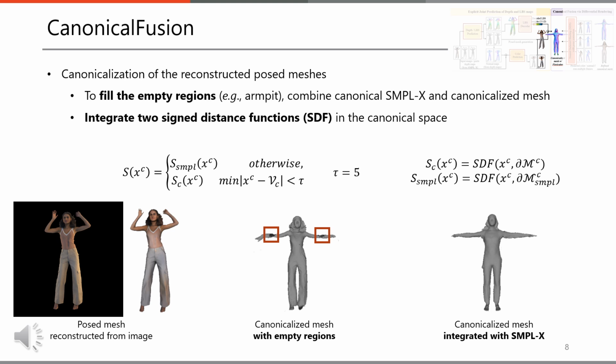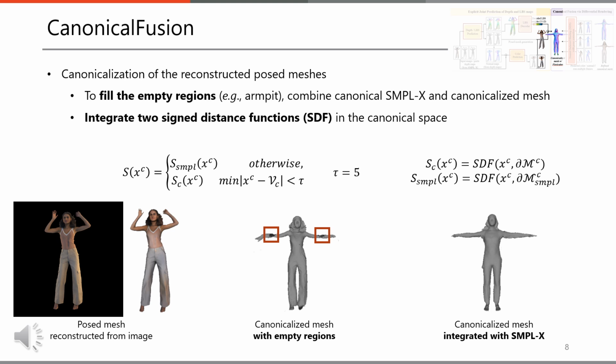To fill these empty regions, we combine the canonicalized mesh and canonical template mesh through signed distance integration. We take the signed distance of the canonicalized mesh if there exist canonical vertices v_c near the x_c. We empirically set tau to 5 since this value is proper to integrate those meshes.